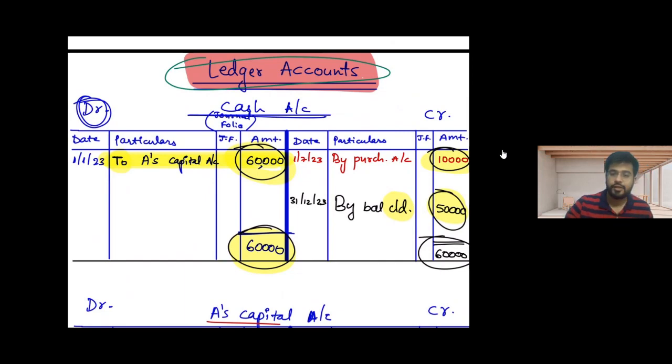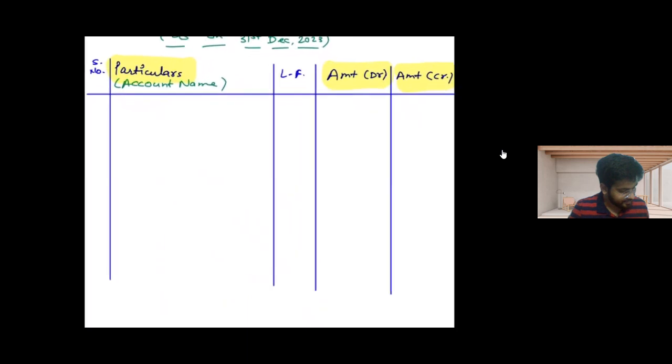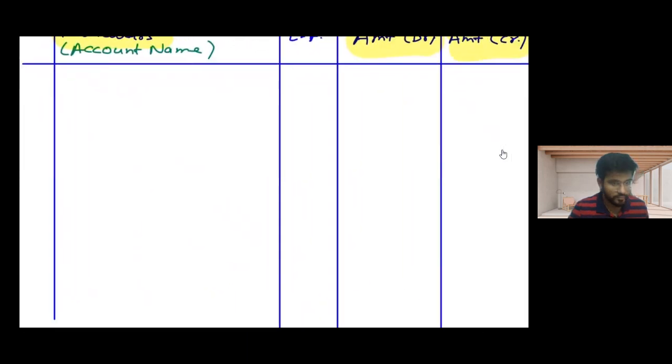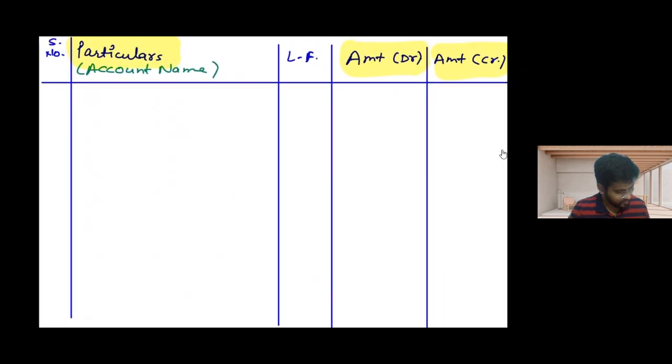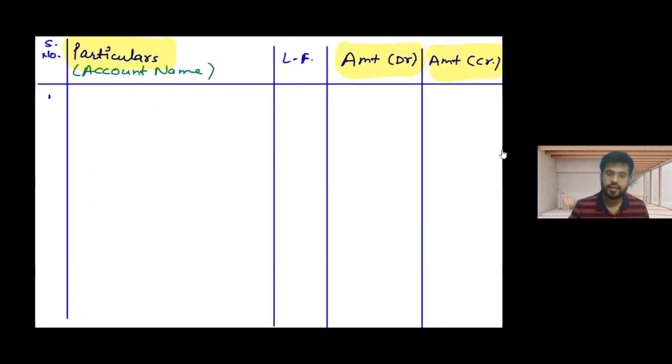First, if you see the cash account, the balance is coming as by balance carried down on the credit side. How much is the balance? 50,000. In my trial balance, I will write here my first account, that is cash account. What is the amount in debit or credit?